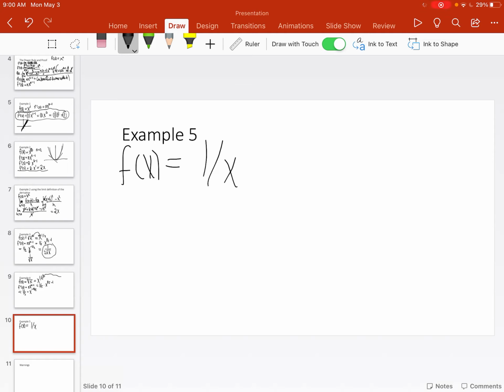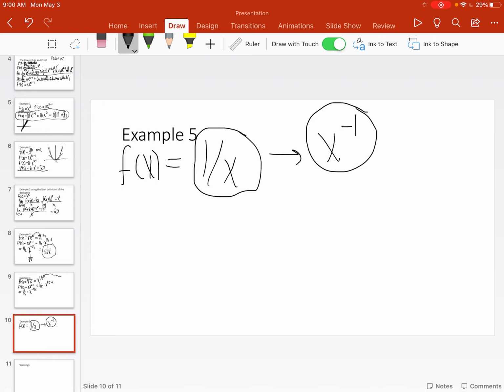It's 1 over x, and again, strong pre-calc skills: your ability to recognize that 1 over x can be written as an exponent, x to the power of -1. Now 1 over x is x to the -1.